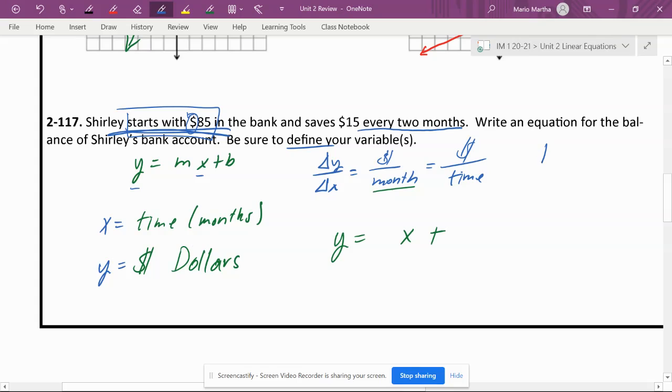So b equals $85. And then the rate, on how she's saving money, happens to be 15 every 2 months. So that would be our m, 15 over 2. So we can fill in the information now in the equation. That would be y equals 15 over 2 times x plus our initial value, which is 85.